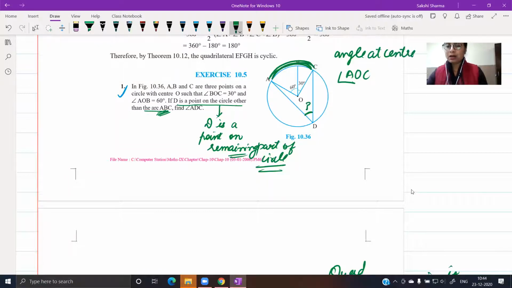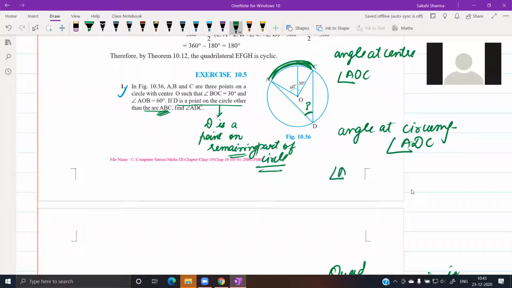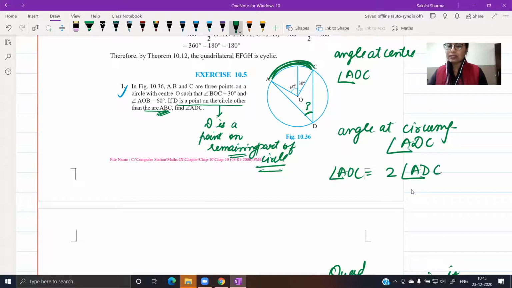And the same arc ABC is subtending an angle at the circumference. And the name of the angle is angle ADC. We can now write down the relationship between these two, that the central angle will be equal to the angle at the circumference. Do you have the measure for any of these angles?